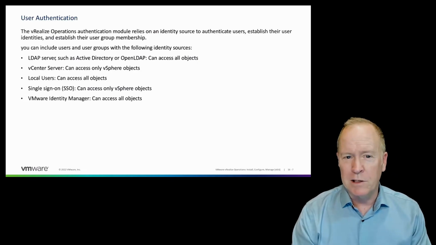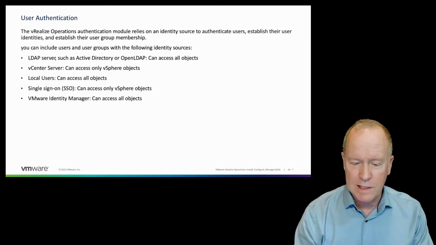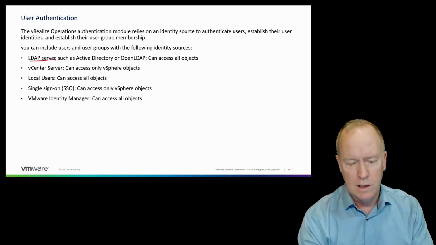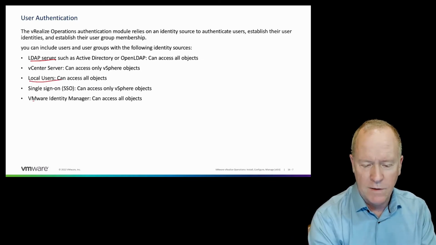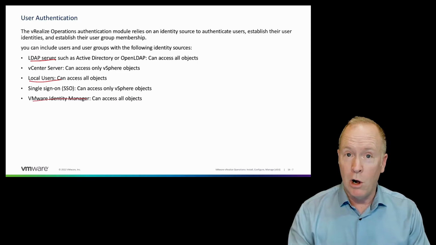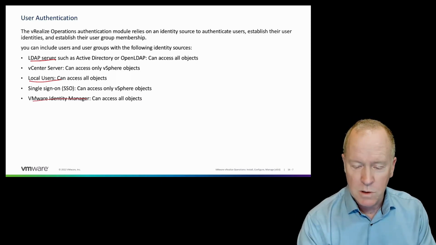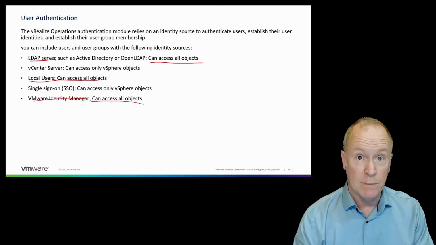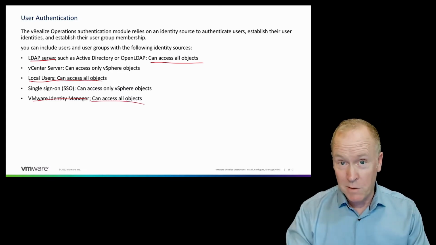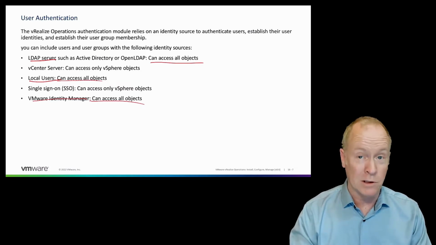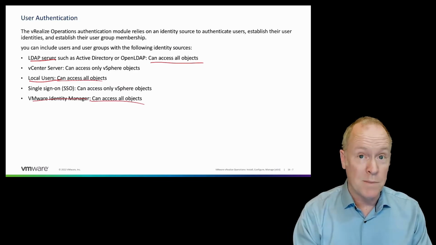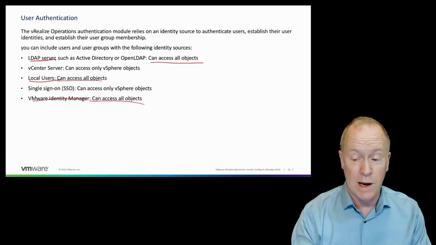Now, another thing that this particular slide is drawing our attention to is the fact that certain types of users, such as LDAP users, local users, and VMware Identity Manager users, all potentially have access to all of the objects that vRealize operations is monitoring. Now, of course, we can tailor that. We can say they only have access to a certain collection of objects, but these 3 types of users have the potential to see all the objects that vRealize operations is monitoring.